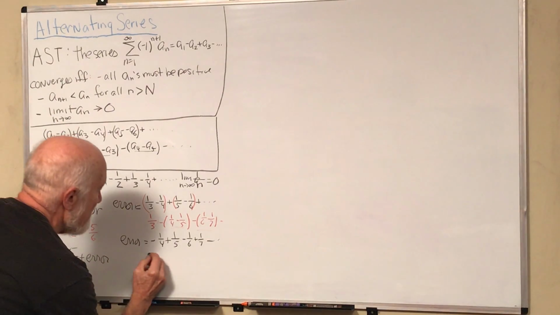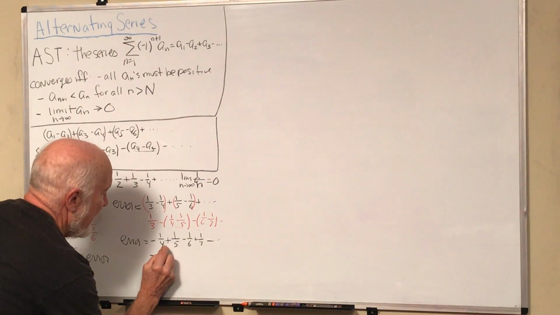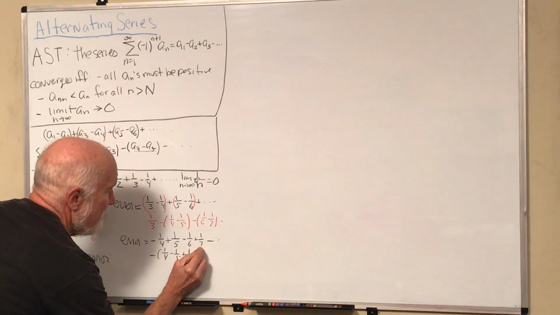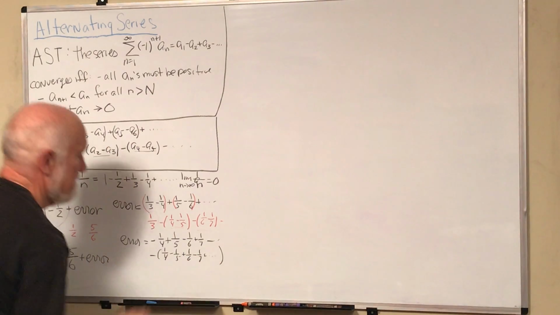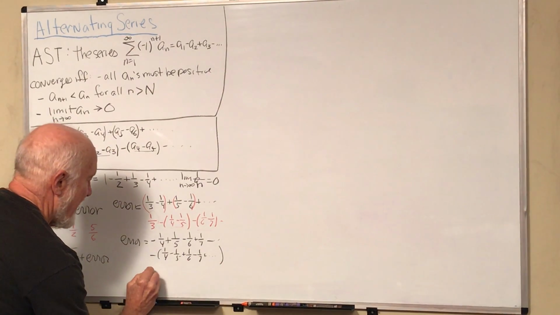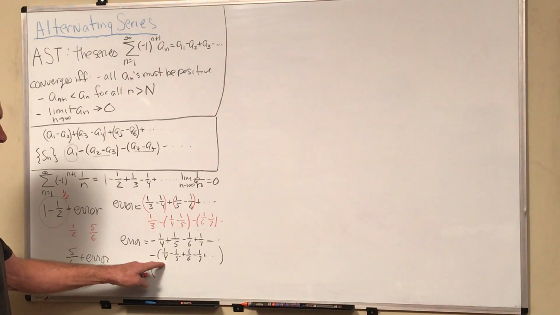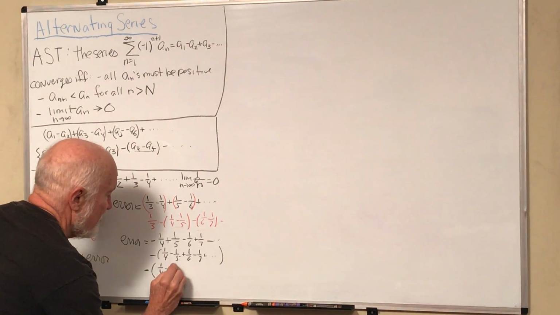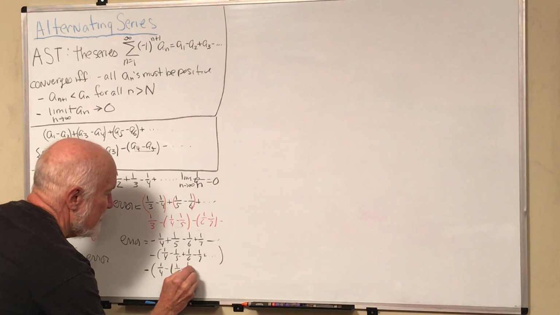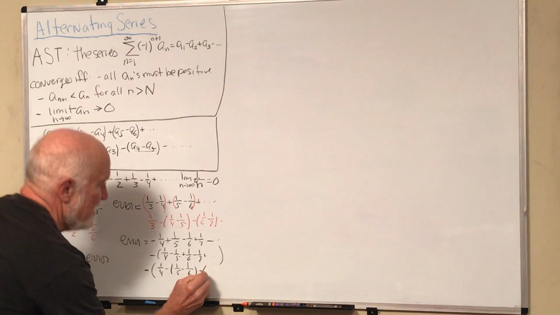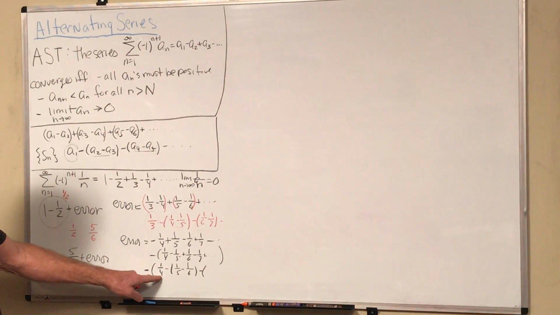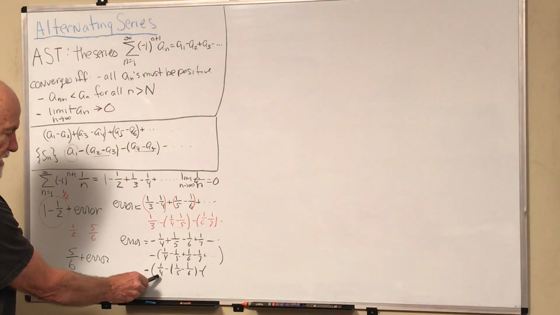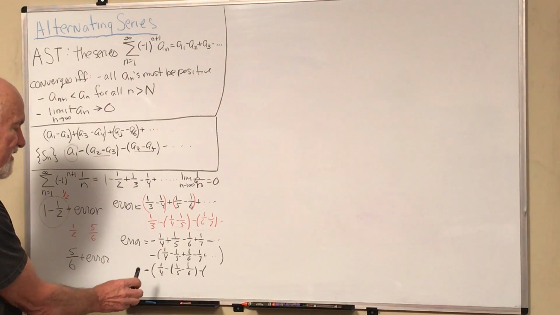And if I factor out a minus sign, I get 1/4 minus 1/5 plus 1/6. I can see that I have the same type of thing going on in between here. I can see that my error is going to be less than 1/4. And I can see that it's going to be negative.